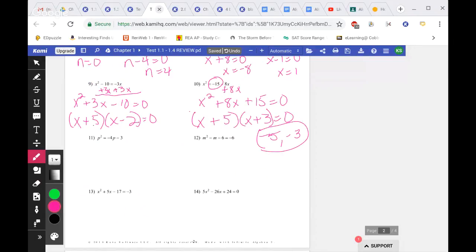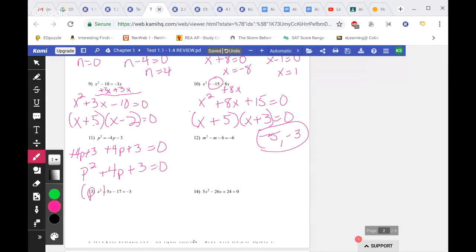Okay, once again, this one is not in standard form. So you would want to move your 4p and your 3 over to the other side by adding them. Yes, ma'am. So I've got p squared plus 4p plus 3 equals 0.